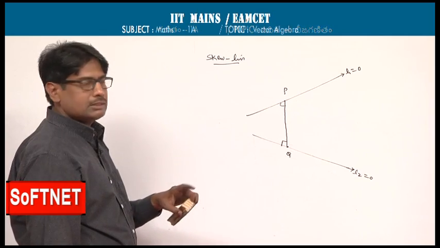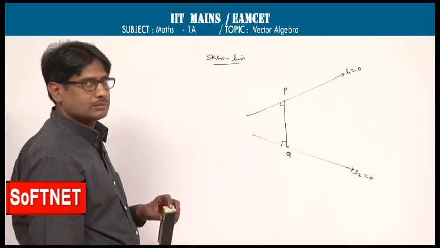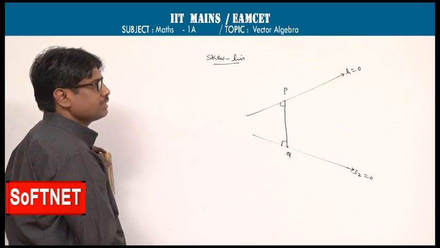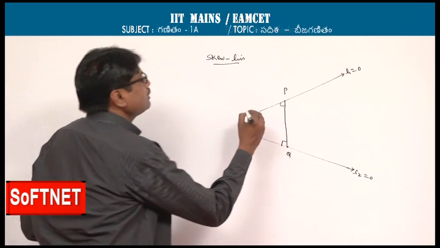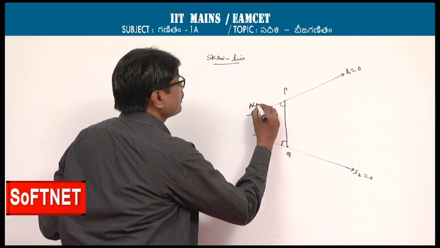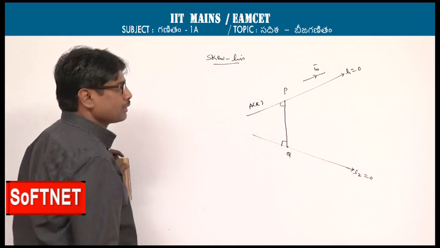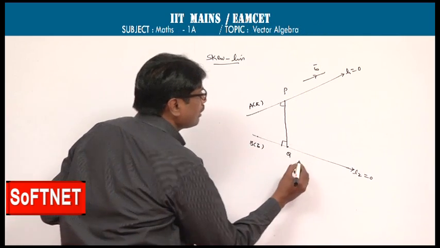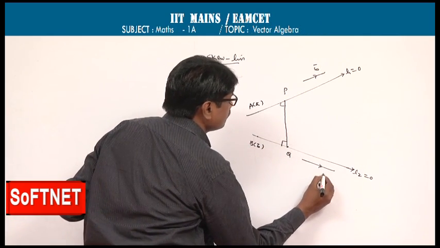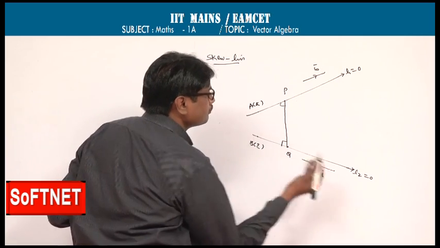In applications, we have problems to find the shortest distance between skew lines. How to get the shortest distance? Take the equation of the line passing through A bar and parallel to B bar, first skew line. Take the equation of the line passing through C bar and parallel to D bar.